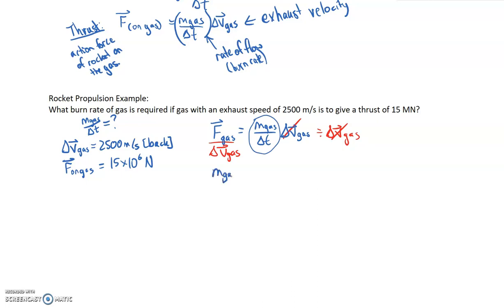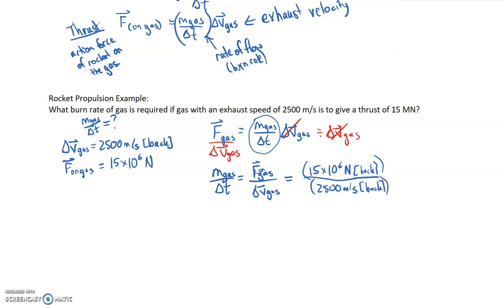So my burn rate is equal to that ratio, the force divided by the change in velocity of the gas, and that is 15 times 10 to the 6 newtons, because mega means 10 to the 6, and in the denominator, we get 2,500 meters per second.